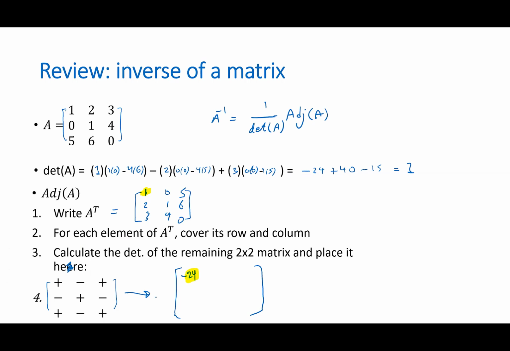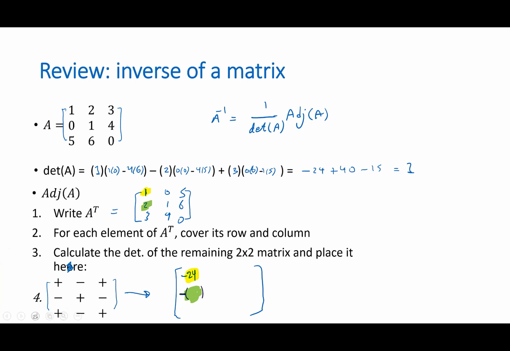Minus 24. Now, next element is this guy, 2. I'm going to put it here, but it says it has a negative sign already. So I'm going to put a negative sign here. Whatever value I find, I put it in this parentheses.